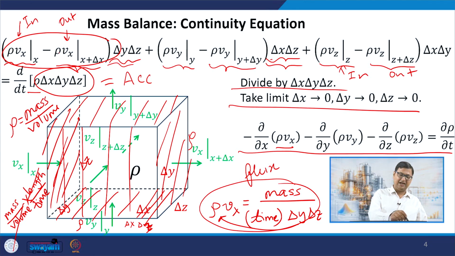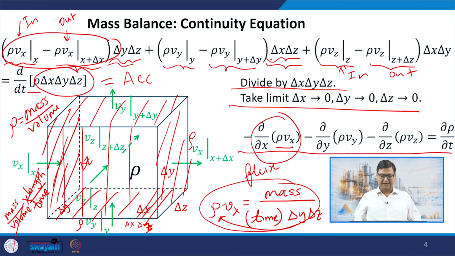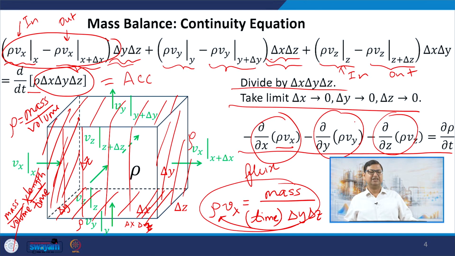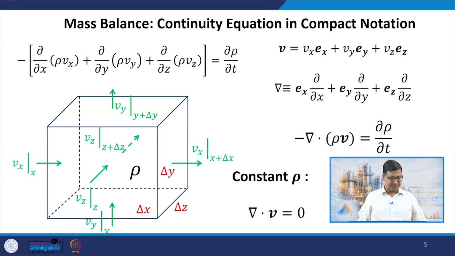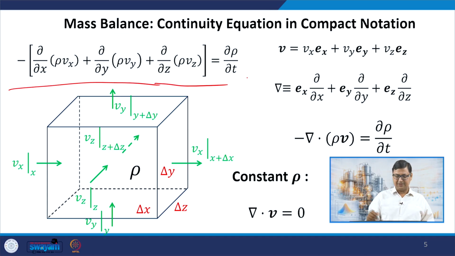Keep in mind that I have to put a minus sign in front to get the standard difference form for dou by dou x of rho Vx, and then similarly for rho Vy and similarly for rho Vz. And on the right hand side, once we divide by delta x, delta y, delta z, I am left with dou rho by dou t. These partial derivatives are very important. Okay, so this is the mass balance that we have derived here.